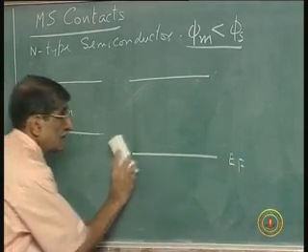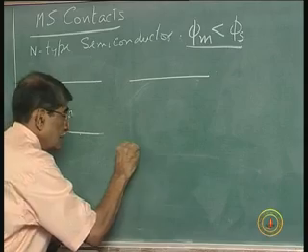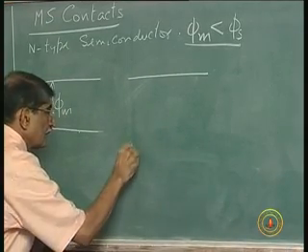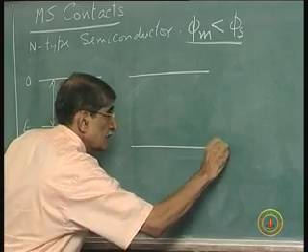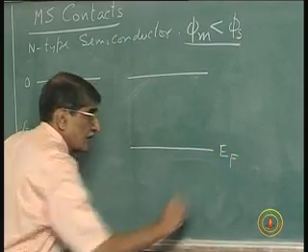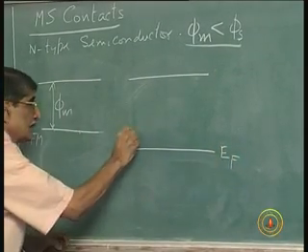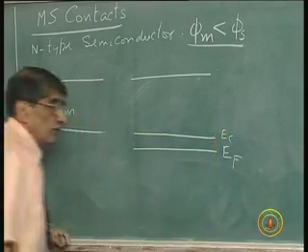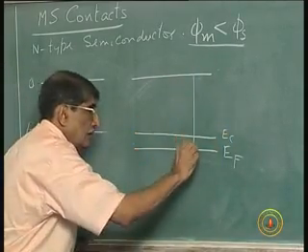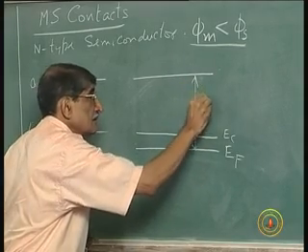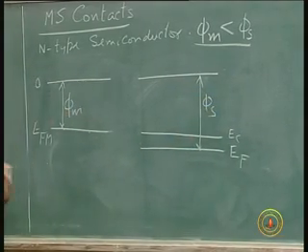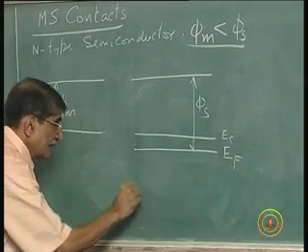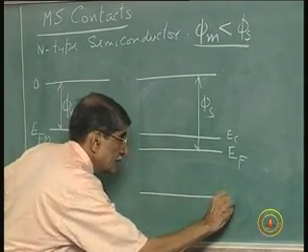Let me just draw it slightly closer. Okay. I just show a small difference, and there is a conduction band. What matters is how much is that. Okay. That is n type material, then I have this E v.